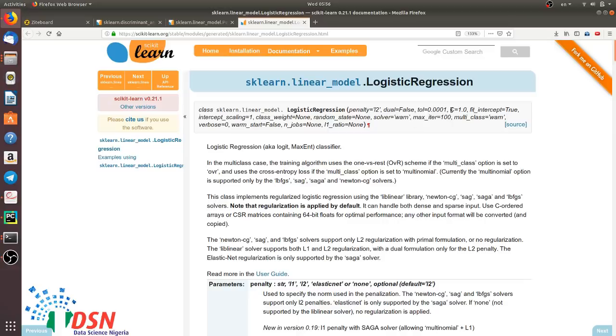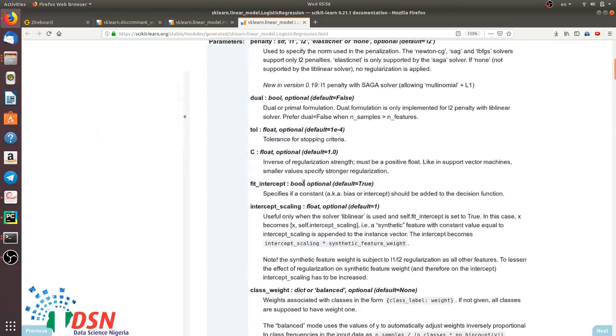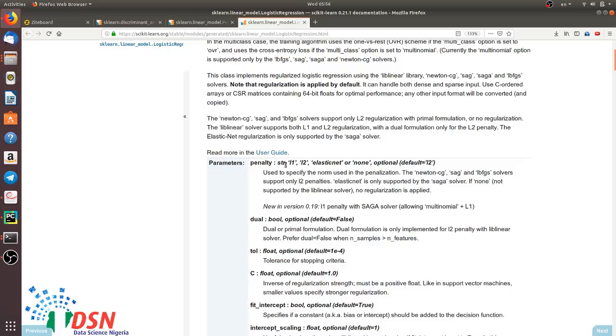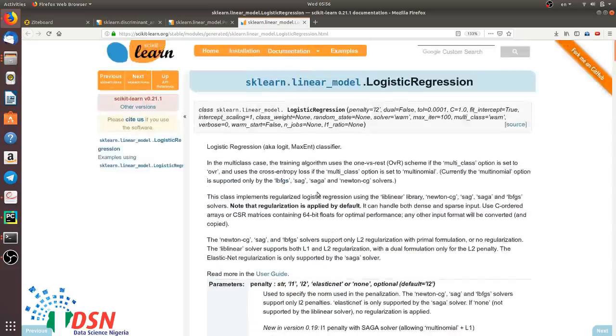Here, the regularization factor is C, but you should note that C is the inverse of regularization strength. So if you use a larger value of C, it means that you want lower regularization. So it is the inverse of lambda, okay?